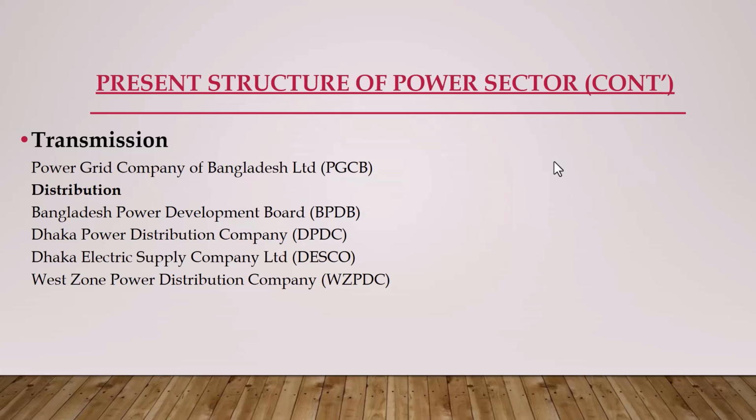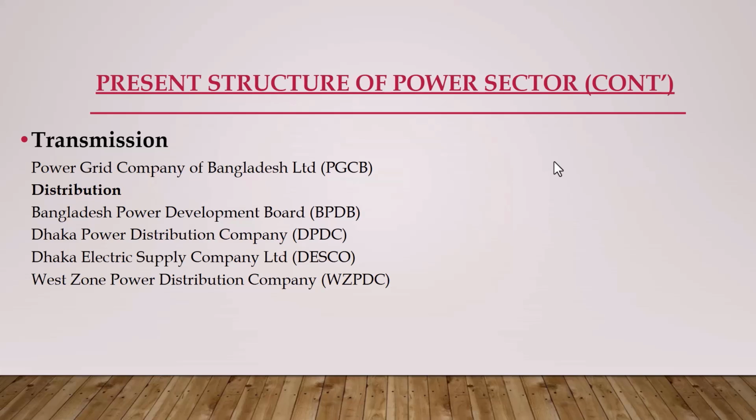The responsibility for transmission lies entirely with the Power Grid Company of Bangladesh, that is PGCB. PGCB is the sole authority that operates and maintains the high voltage transmission network, typically handling voltage of 132 kV and above. Their job is to move bulk electricity from generation stations to various substations across the country.